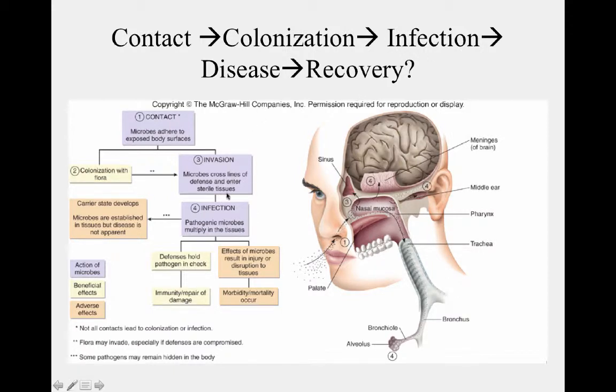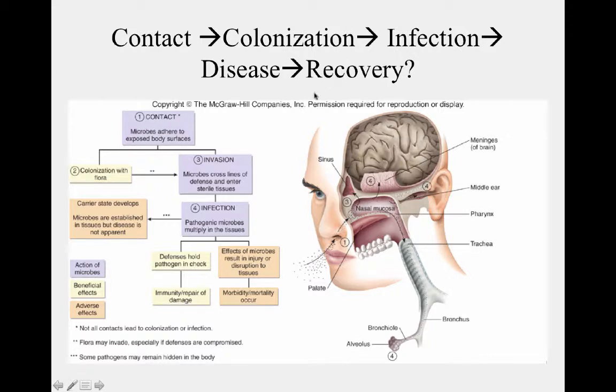Now the state of infection is referring to that condition where the pathogen is replicating within the tissues. It is eliciting its disease-causing effects by the presence of particular virulence factors that I'm going to talk about. It may also release toxins, which can lead to intoxication and can cause inflammatory responses and cell or tissue damage.